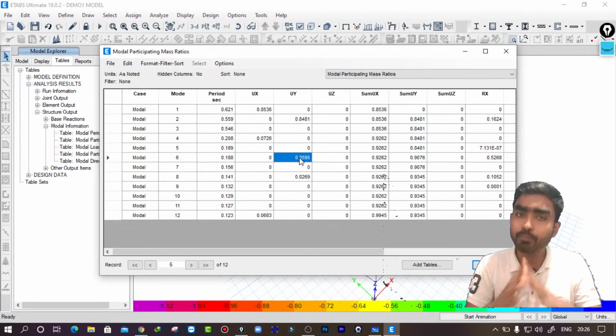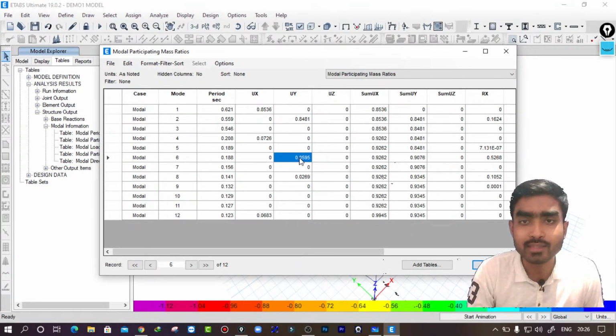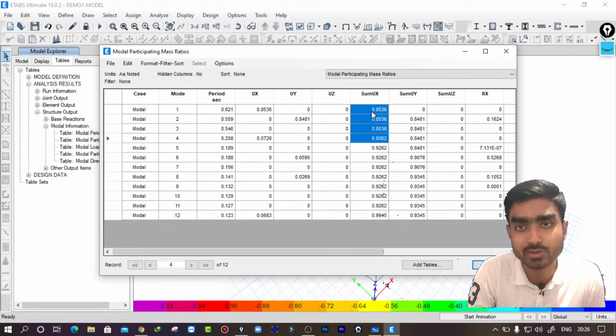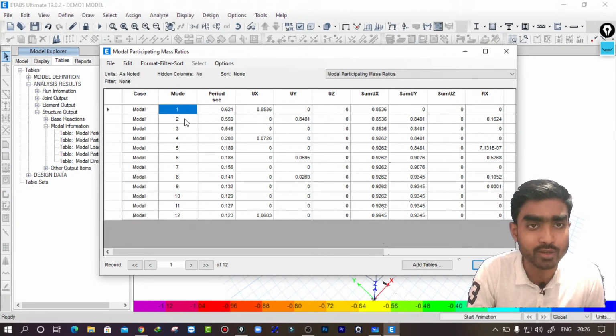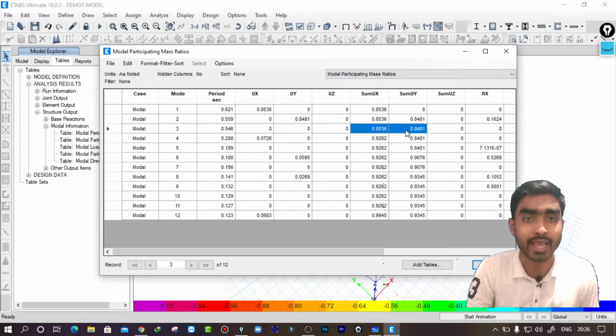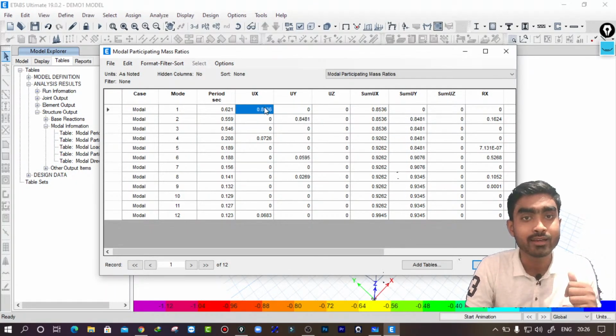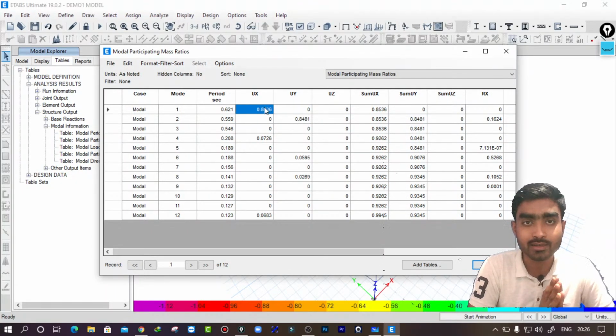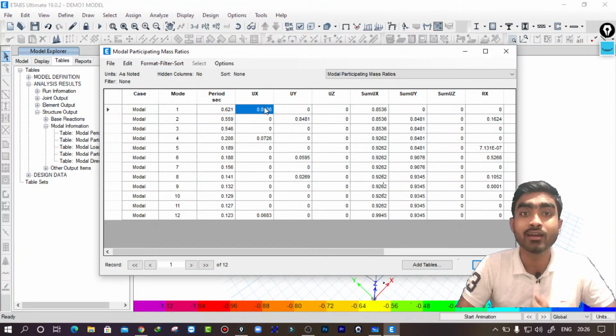Some people consider the first three modes as modes 1, 2, 3 and consider this as the 65%. But the actual case is that in each plane direction, the modes which are dominating count.